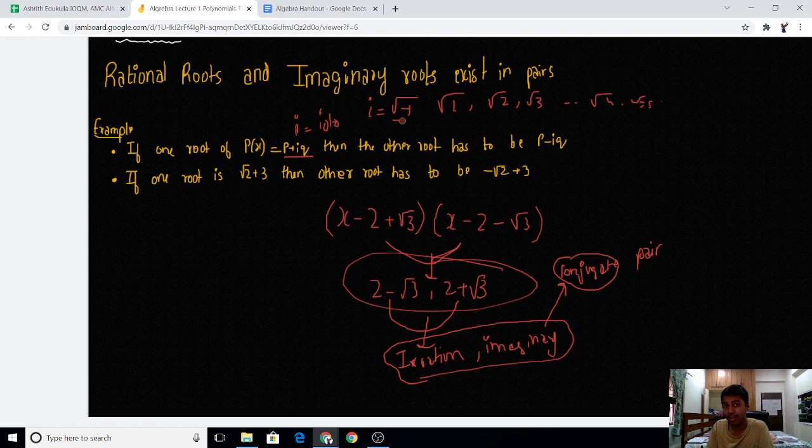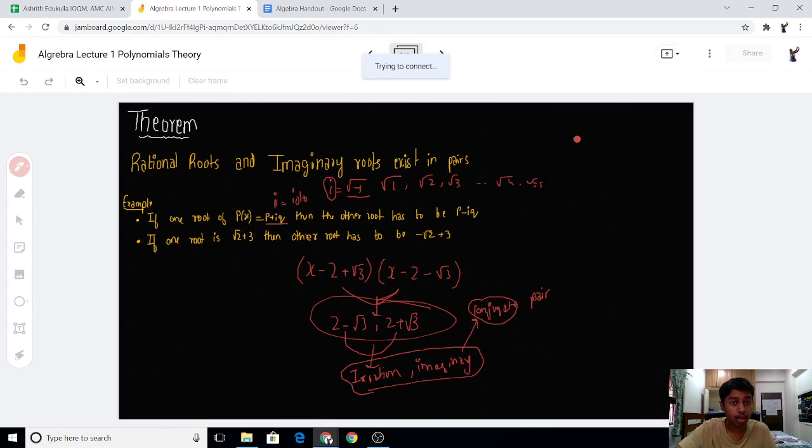We cannot place root over minus 1 anywhere because we haven't defined it. So now we are defining root over minus 1 as iota. So if one root is p plus iq, then the other root has to be p minus iq. So if one root is root 2 plus root 3, then the other root has to be minus root 2 plus root 3.